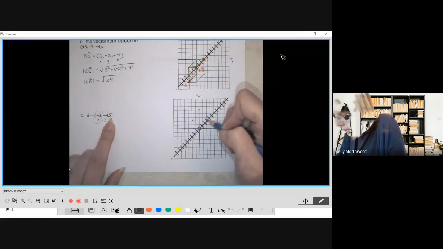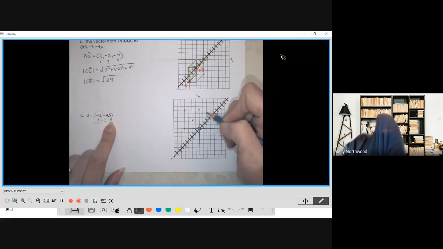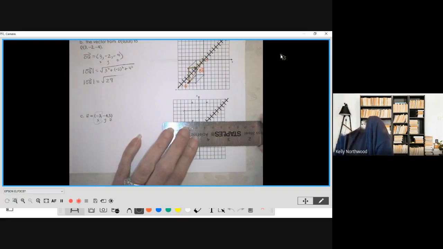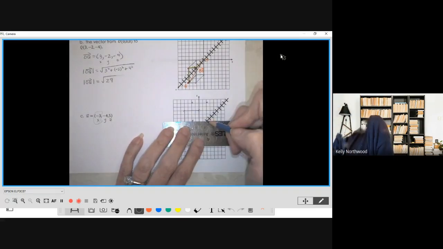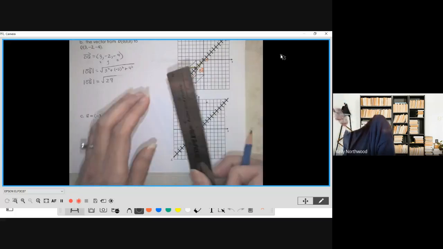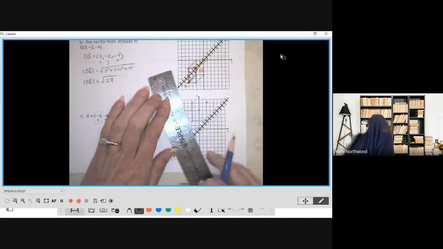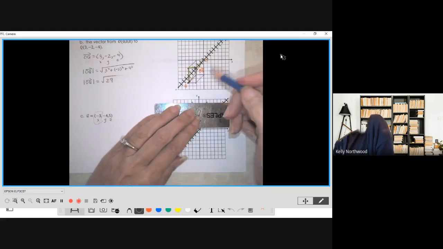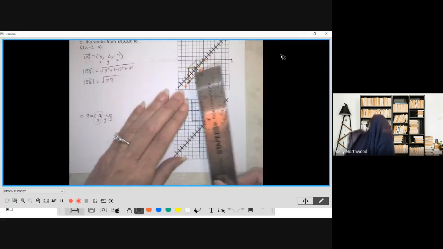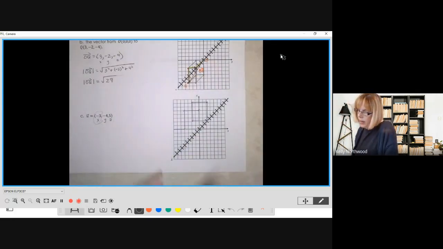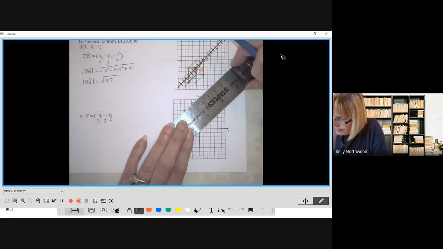And then up, because z is positive, 1, 2, 3, 4, 5. And those 4 corners are going to be the back of my box. And then I'm going to join the corners of my box.